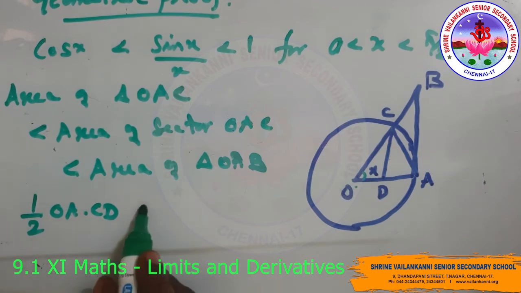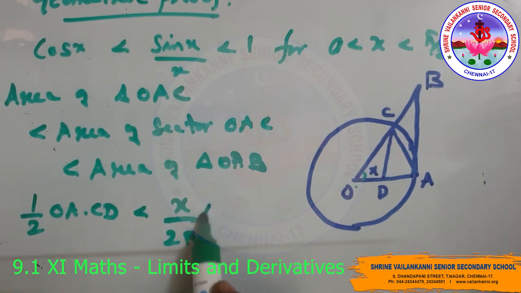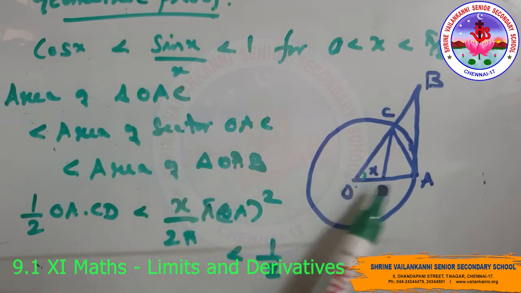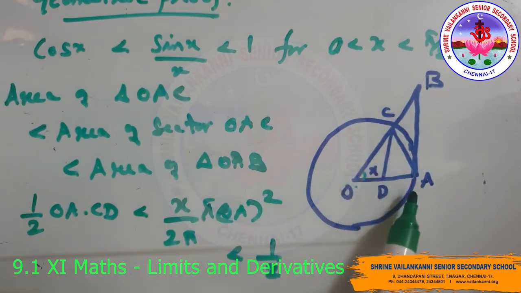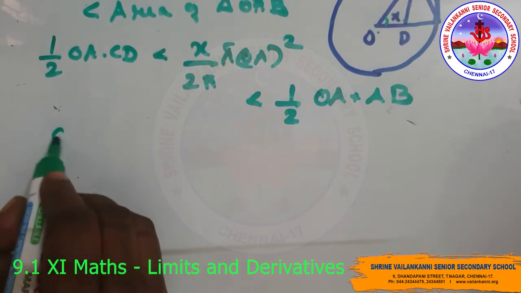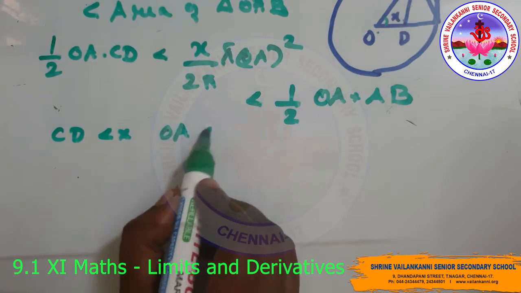The area of the sector OAC is x by 2π into OA², which is less than half of the area of triangle OAB, base into height, that is OA into AB. That is, CD is less than x, and OA is less than AB.